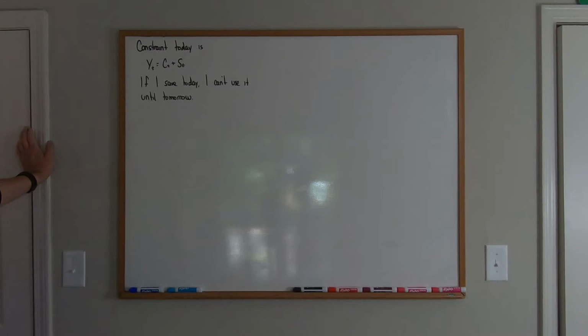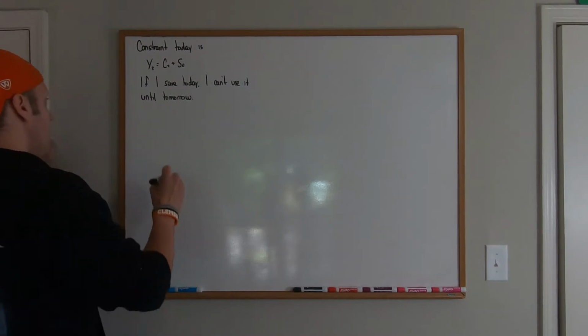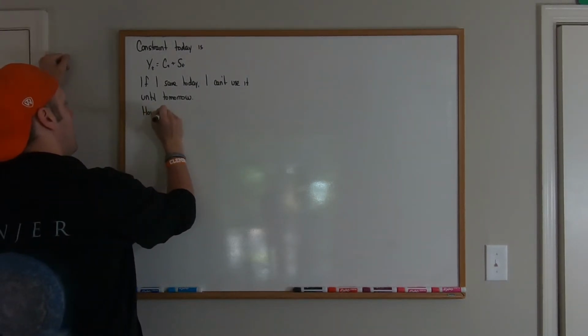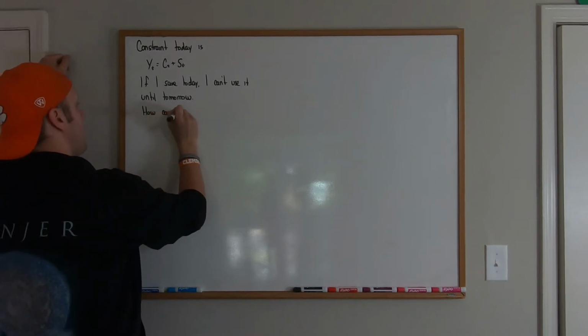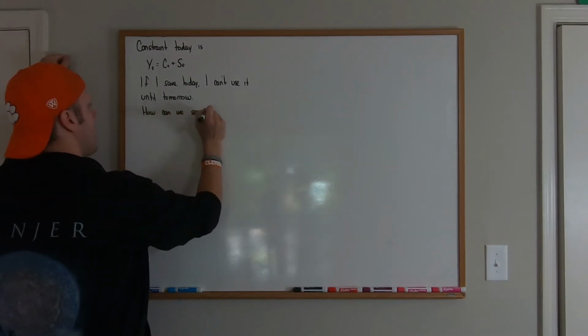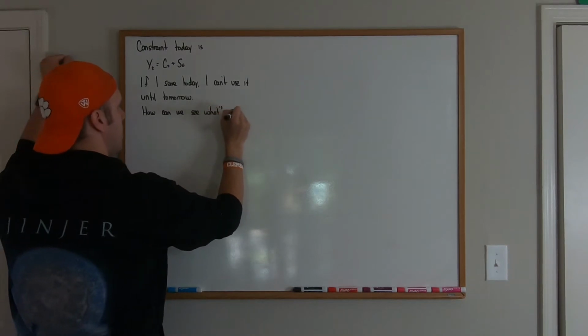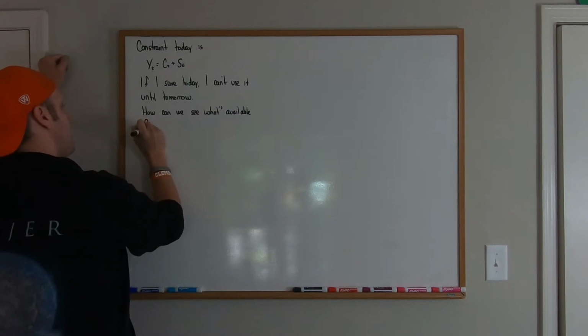So how do I show there's a way that I can use this tomorrow? How is that going to work? Well, how can we see what's available for tomorrow?